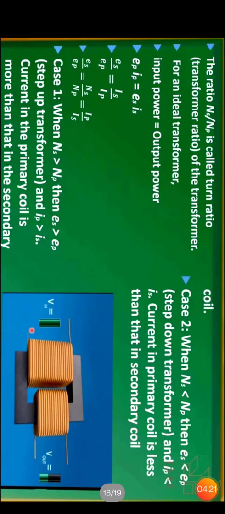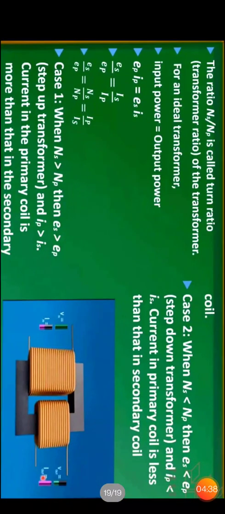In the second case, when the number of turns of the secondary coil is smaller than the number of turns of the primary coil, then es is smaller than ep, that is a step down transformer, and ip is smaller than is, so the current in the primary coil is less than in the secondary coil.